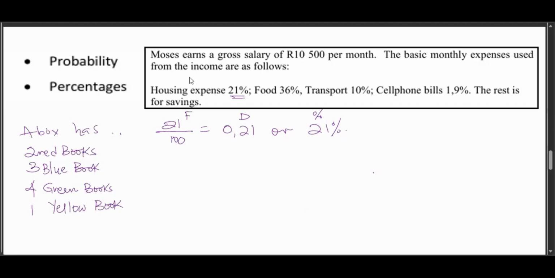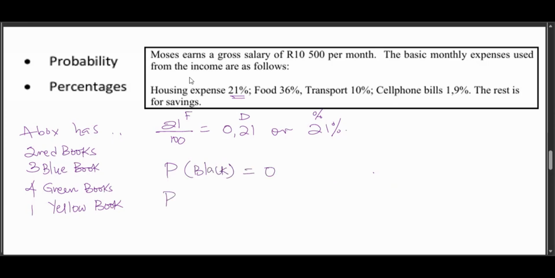Now, what's the probability of picking a black book? This one becomes 0. It's not there.